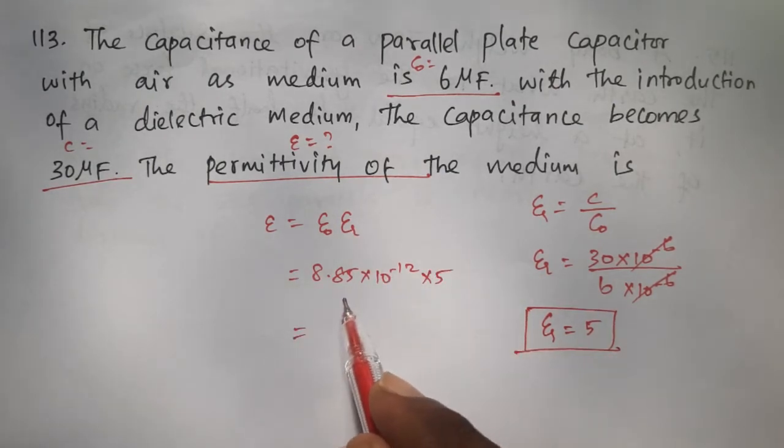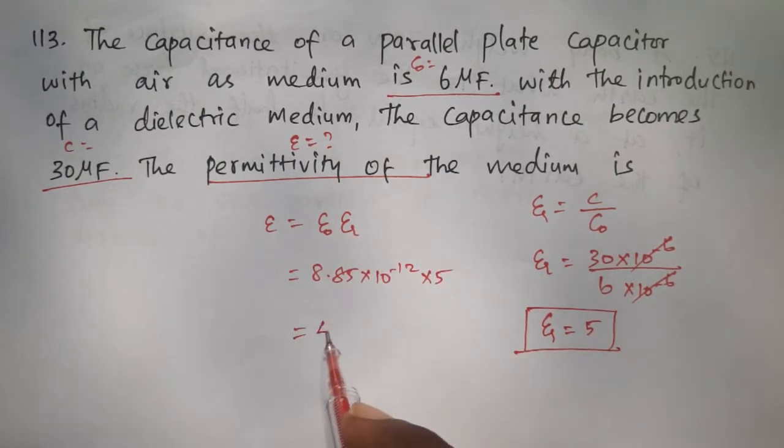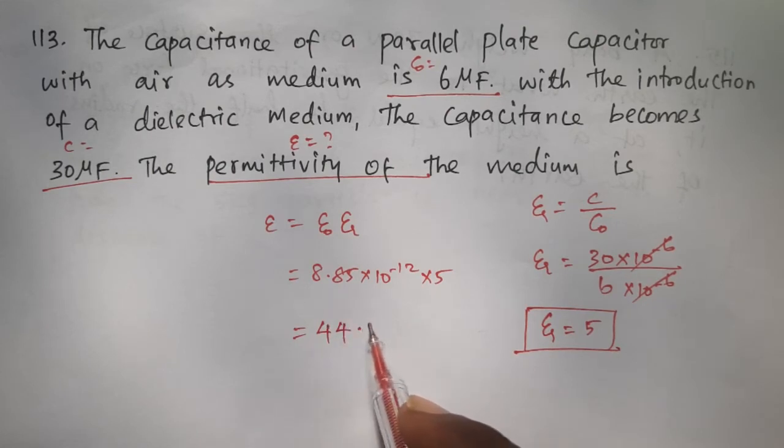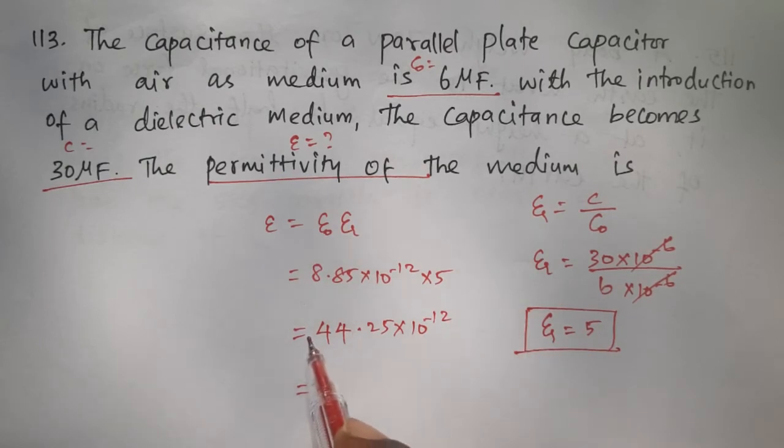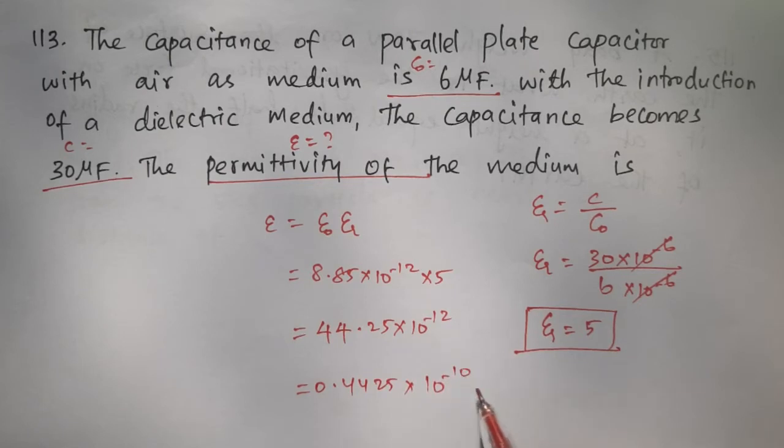So 8.85 into 5, if you multiply, you will get 44.25 into 10 power minus 12. But in the options it is in terms of 10 power minus 10, so if you move the point two digits, the power will be reduced by 2. So 0.4425 into 10 power minus 10 Coulomb square Newton power minus 1 meter power minus 2. This is the permittivity of the medium.